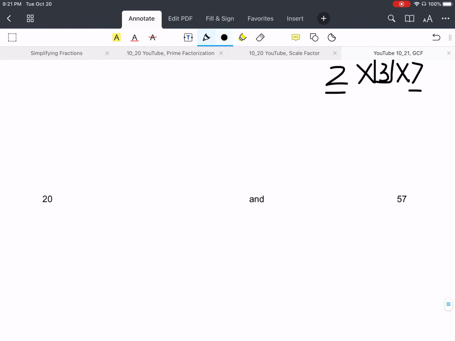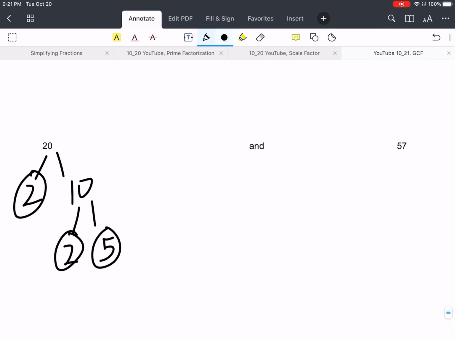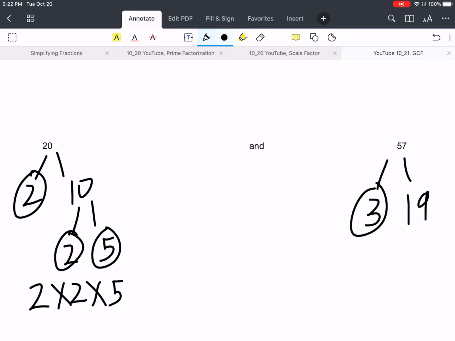All right, 20 and 57. We want to find the greatest common factor. Let's do 2 times 10 and 2 times 5. And that leaves us with 2 times 2 times 5. Over here, this one is actually 3 times 19. And those are both prime numbers.